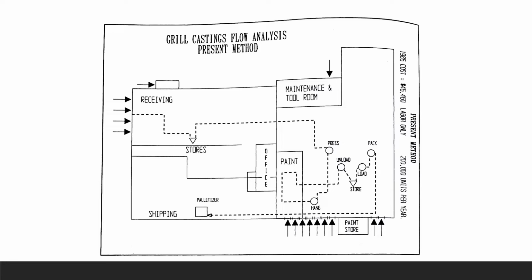So this is a flow diagram for the current grill casting flow in their facility. We usually start with drawing a layout like this, for just the current condition, showing the present method, and we use overlays for a complicated layout if it is necessary.